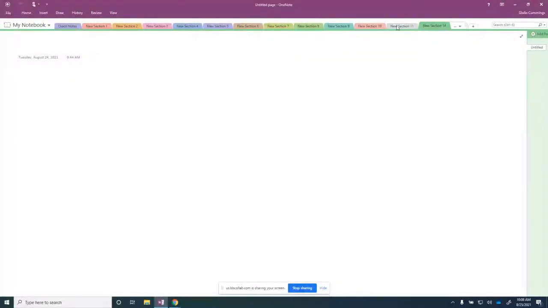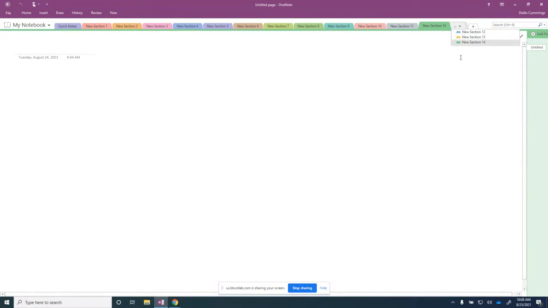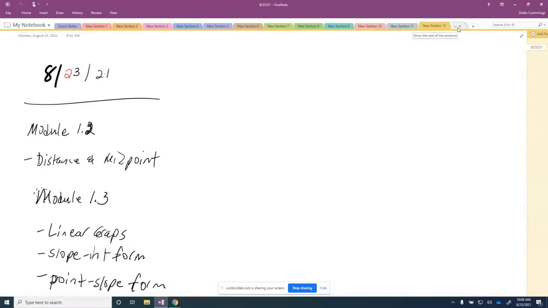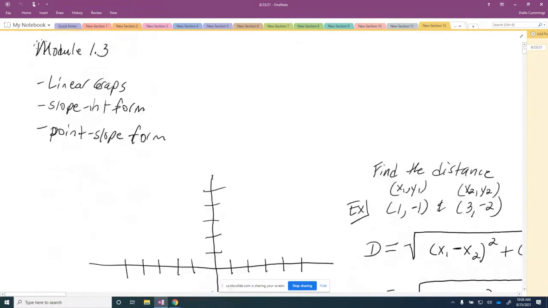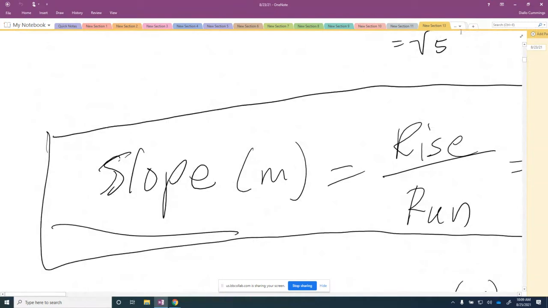the shared screen, and hopefully I can find it. I believe this is it. Or was it before that? I think it was before that.